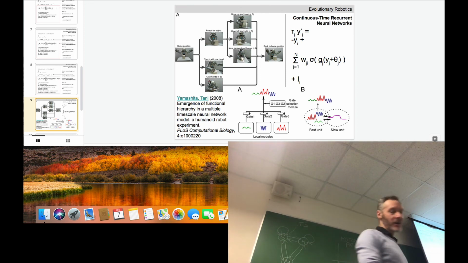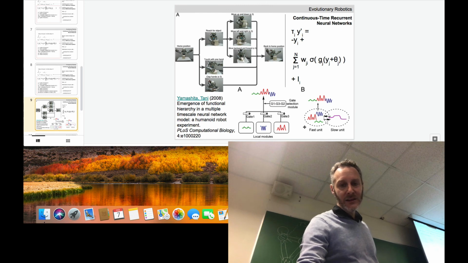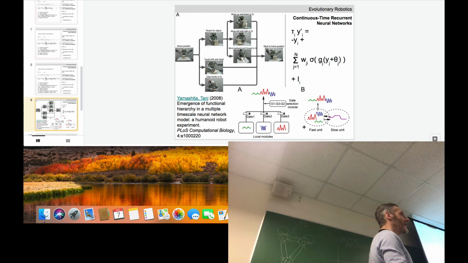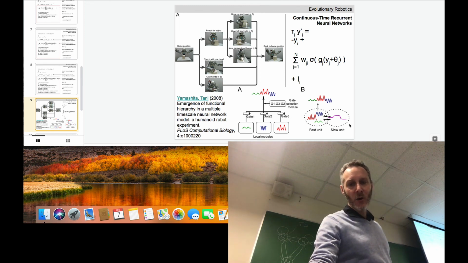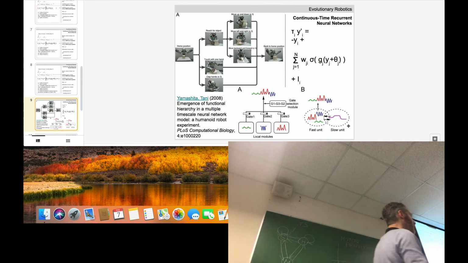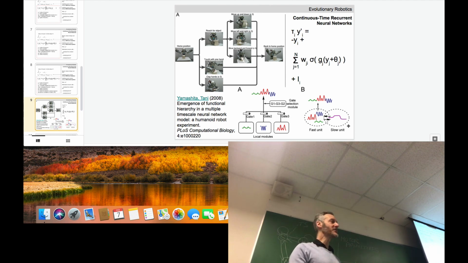The neurons that are in the left-hand subnetwork here, they're fast neurons. And the neurons that are over here in this other subnetwork are slow neurons. Given what you've just learned about CTRNNs, how do we make fast and slow neurons? Not quite the gain. The tau sub i.